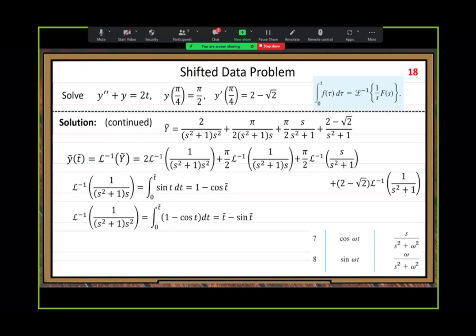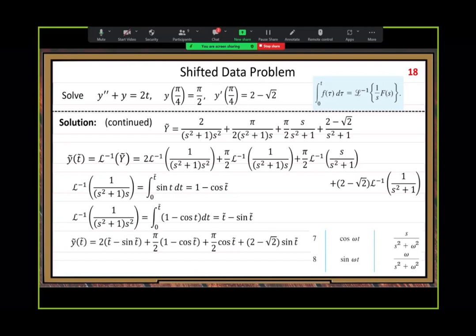Then for this one, we apply this formula another time. It's not too hard, because we already have the result of the first integral, so we just apply the integral another time.